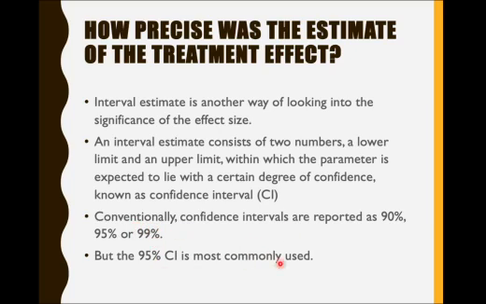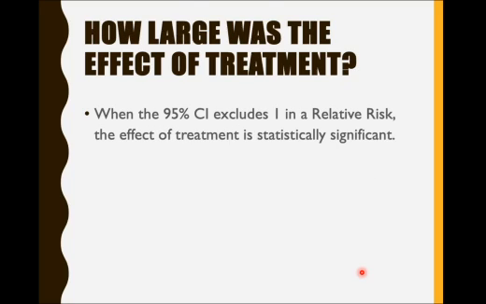But the 95% confidence interval is most commonly used. Now, when the 95% confidence interval excludes 1 in a relative risk or in the odds ratio, the effect of the treatment is statistically significant, that is, if the 95% confidence interval does not include 1.